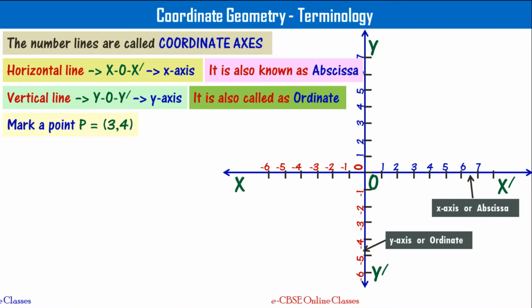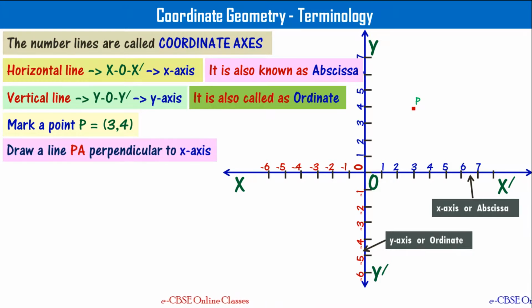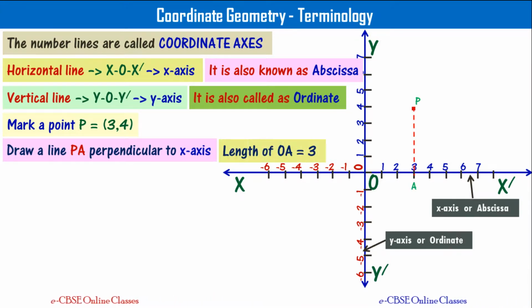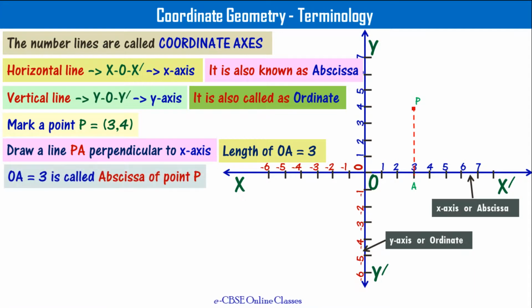Let's mark a point P equal to (3, 4). Let's draw a line PA perpendicular to the x-axis. The length of line segment OA is 3 units, as you see here, right? The OA equal to 3 is called the abscissa of point P. Previously, we were using H to denote abscissa, right?